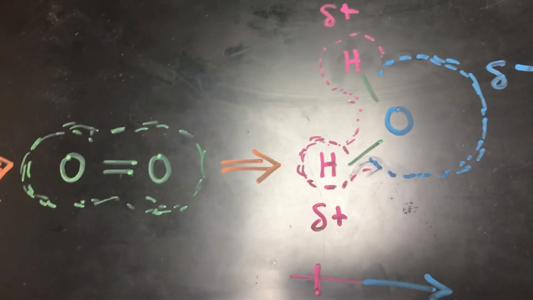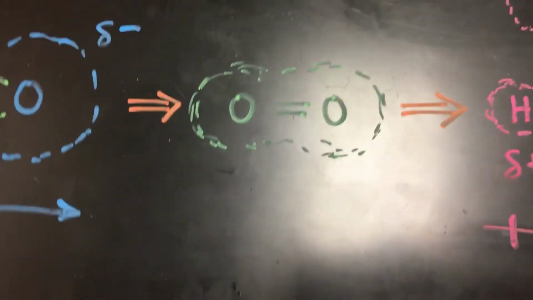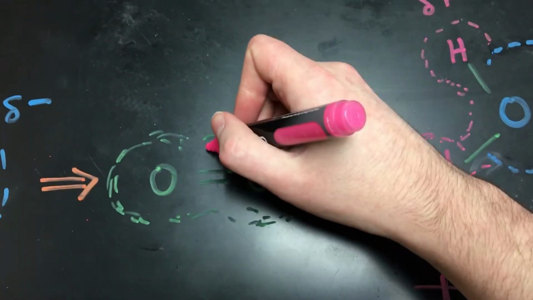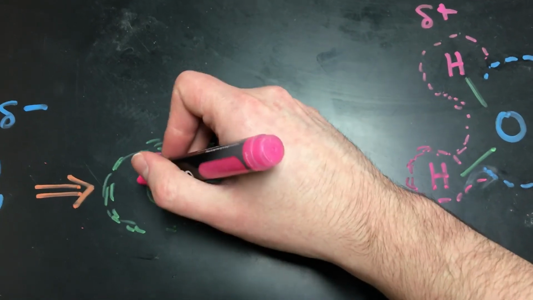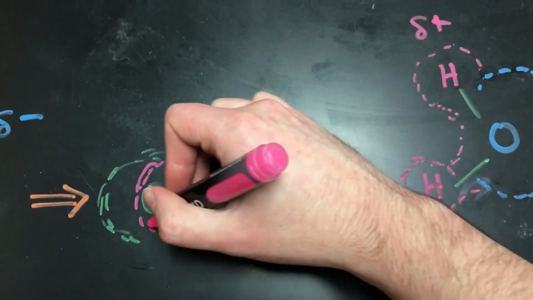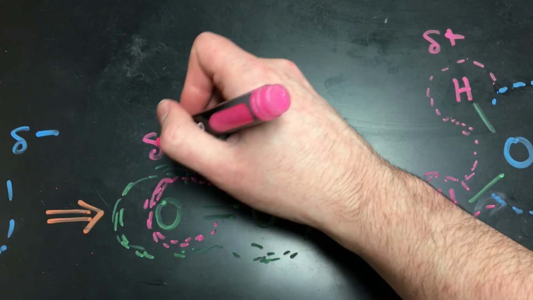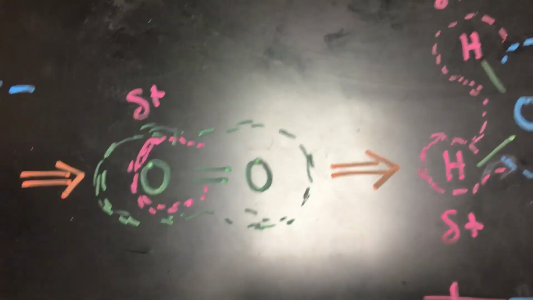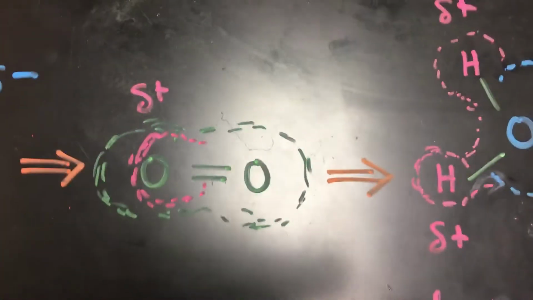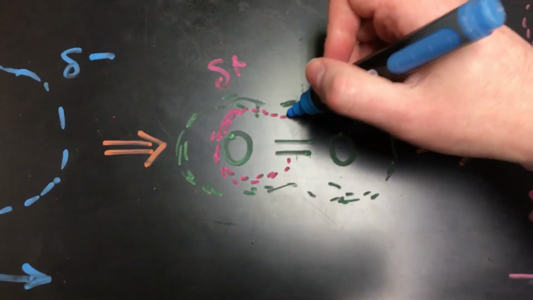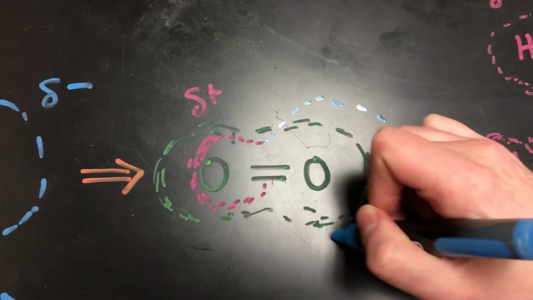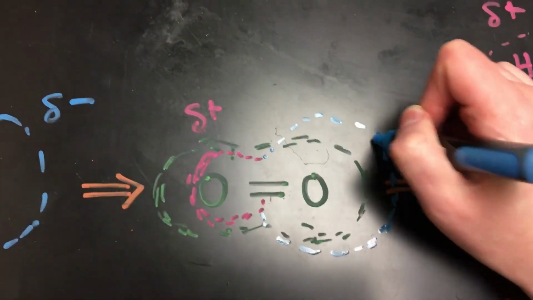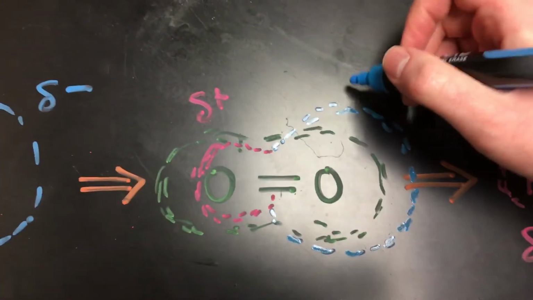In either case, what we get is something like this. We are left with more partially positive charge over on this side. Partially positive. And our electron cloud is drawn more towards the right side of the molecule, something like this. This is maybe a little dramatic, but gets the point across.